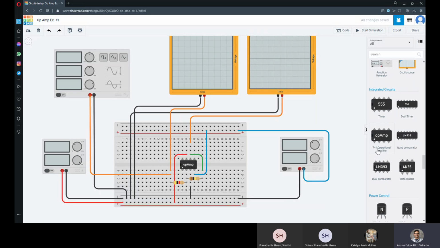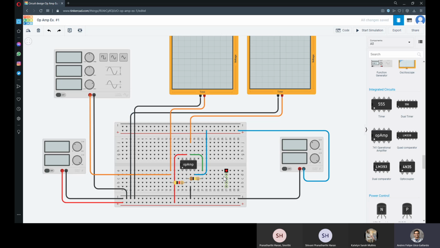This is a 741 that I was mentioning before. We see the same setup that I showed earlier. If you hover over the pins, it's going to show you, this is a negative input, this is a positive input, power and output, and the other positive power, negative power.